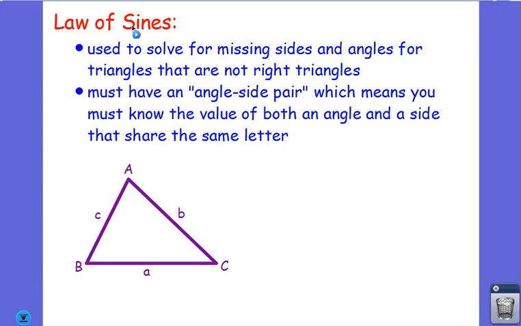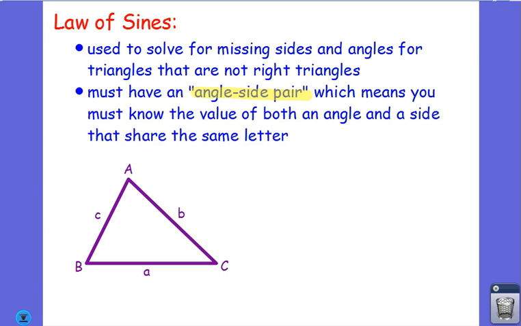So the law of sines is used to solve for missing sides and angles for triangles that are not right triangles. It doesn't matter how big, how small, or how they are drawn. There's no requirements anymore. The most important thing that is needed in order to use the law of sines is something that I refer to as an angle-side pair.